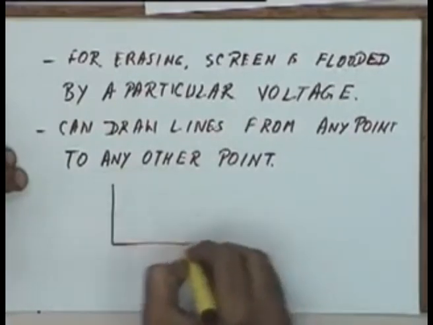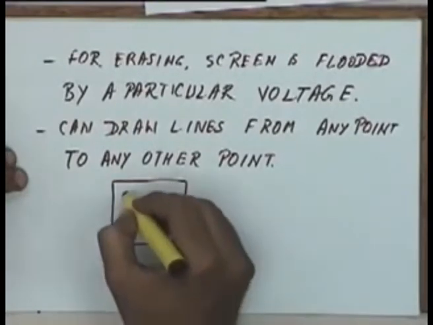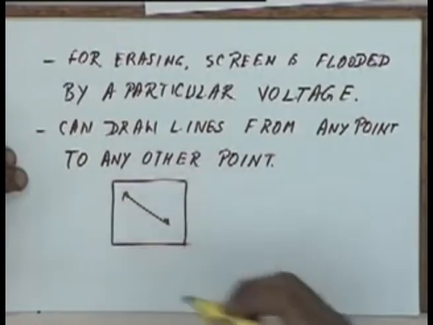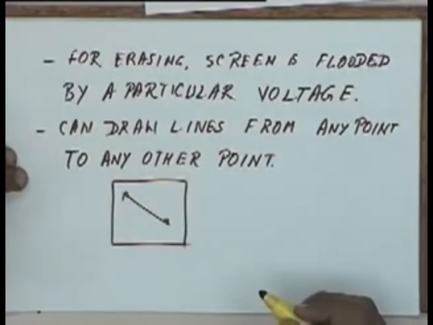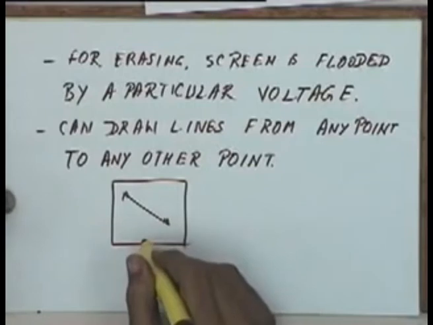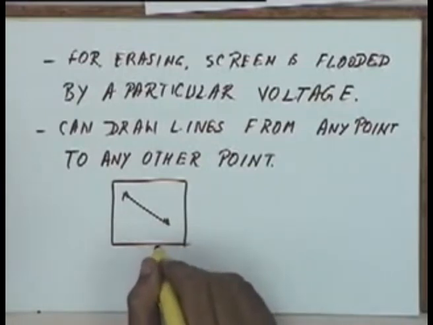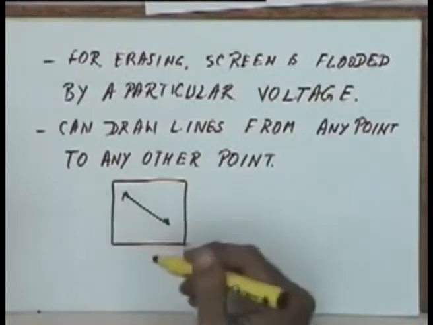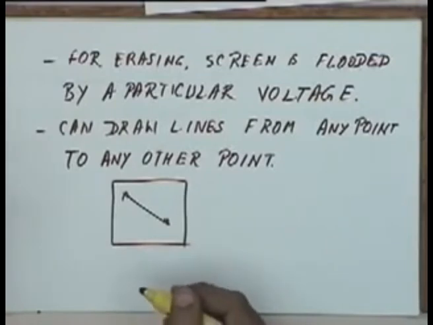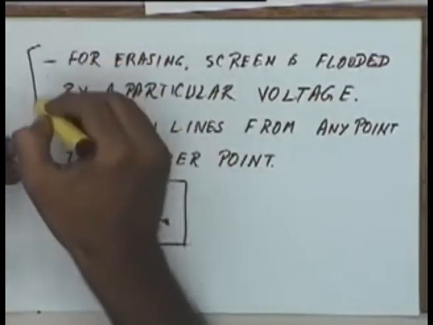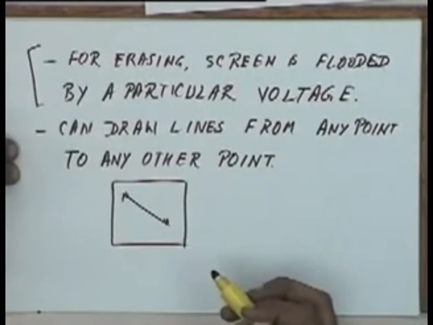That means this is a screen and you ask it to draw a line from one point to a second, it can draw a straight line. This property is not shared by a number of other devices. We'll see that very soon. The basic disadvantage of this is that erasing is very difficult.